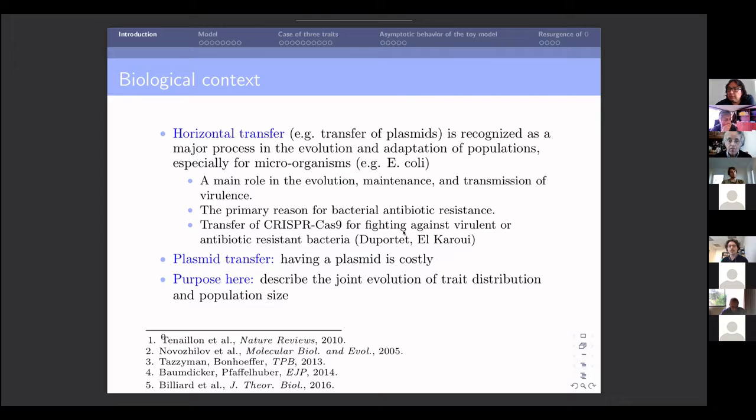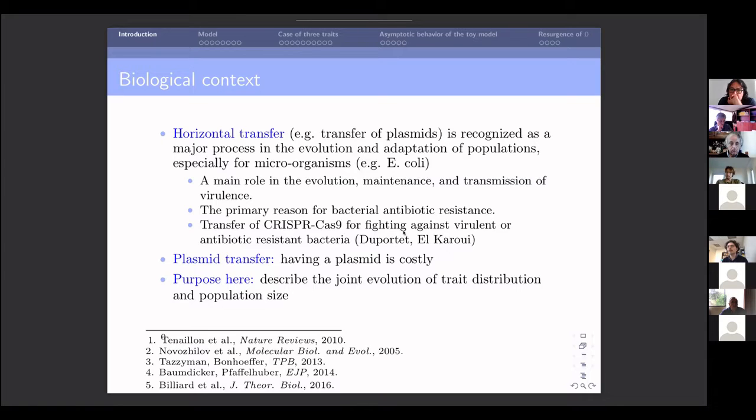The idea is to use horizontal transfer to transfer bad plasmids to bacteria that are, for example, resistant to antibiotics. We cannot kill them, but we can transfer them plasmids that hold bad or lethal genes, such as the CRISPR Cas9. Maybe you know about that. It's something that cuts DNA and kills the cell. So horizontal transfer is something important.